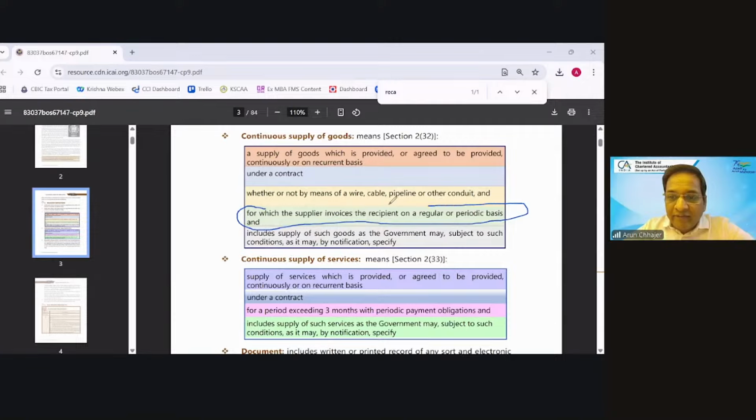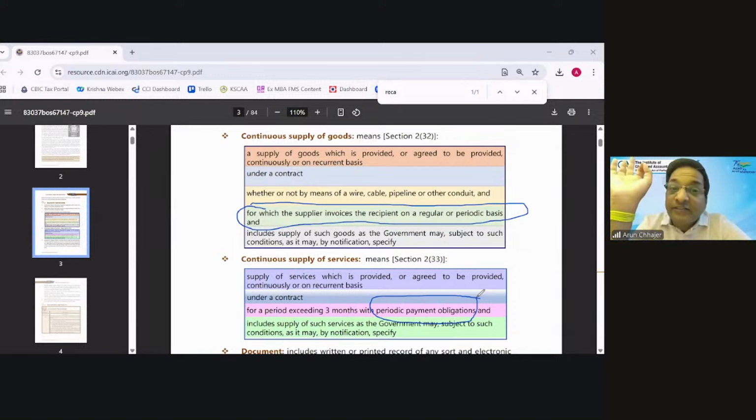But whenever we talk about continuous supply, whether it is goods or services, always remember this condition where the periodical payment obligation is there. Assume that you are providing the service for more than 3 months, but the contract says that you will receive the payment only after completion of service in one shot.